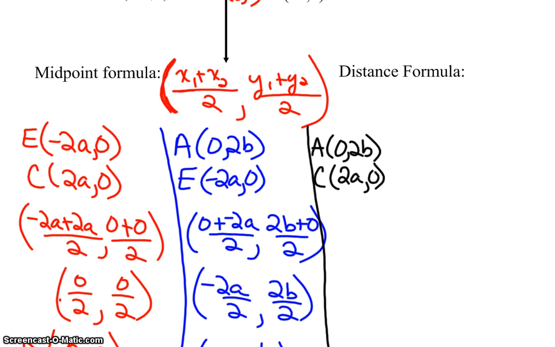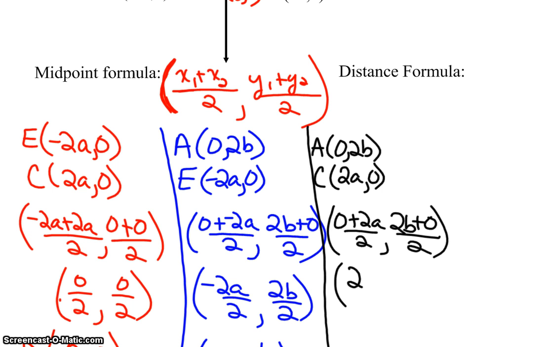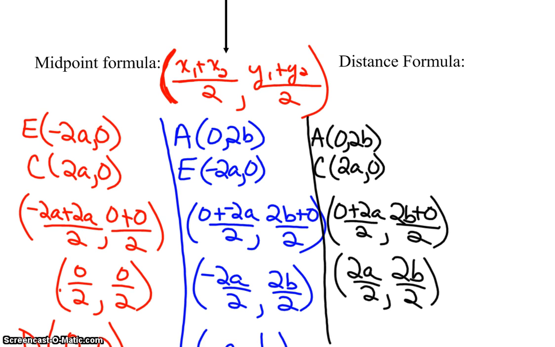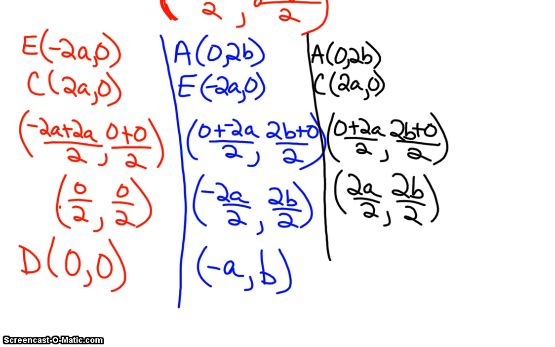Following the same formula, (0 plus 2a) over 2, (2b plus 0) over 2 gives me 2a over 2 and 2b over 2. So therefore, the midpoint of segment AC is (a, b).